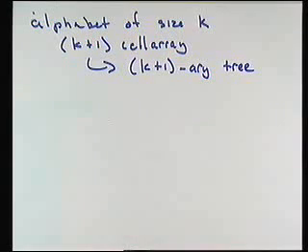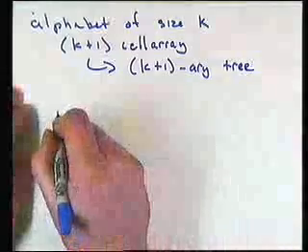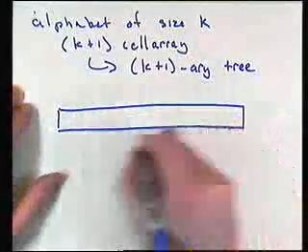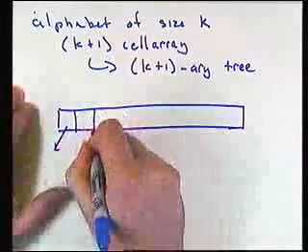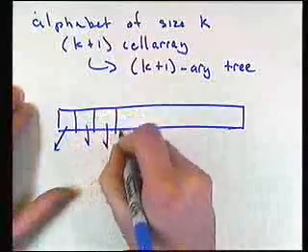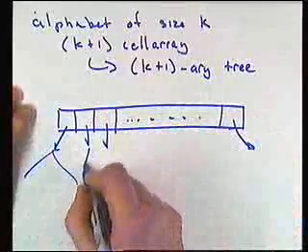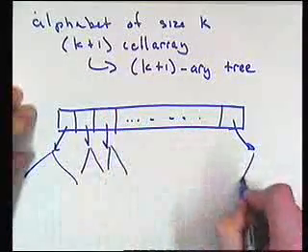And those k plus 1 children are going to be indexed in an array. And so we'll have here various pointers, of course, to actual subtrees, because that's how trees work.